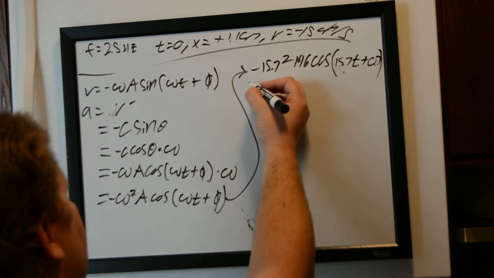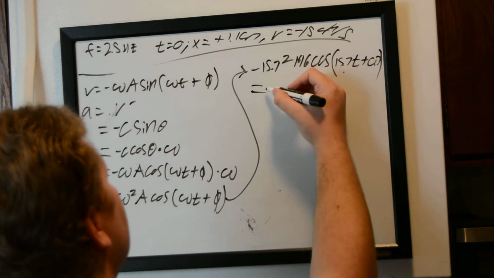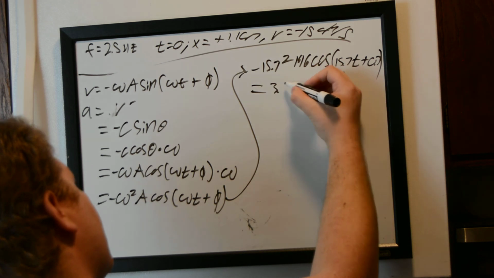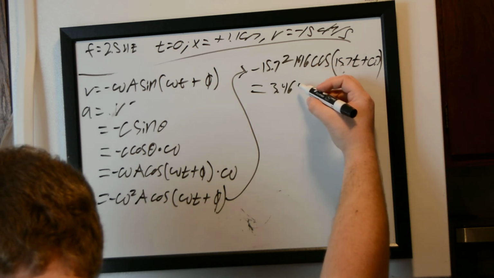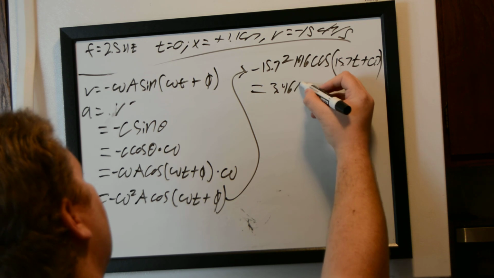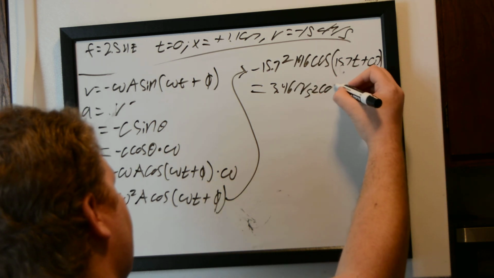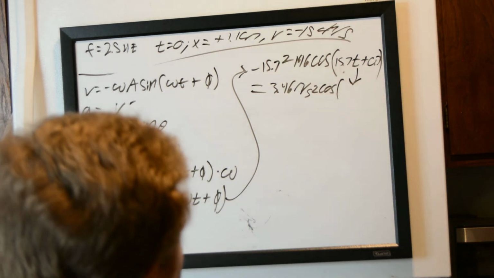And then we just simplify everything that we can, and that's going to come out to be 3.46 meters per second squared times the cosine of this, because I don't have room to write it.